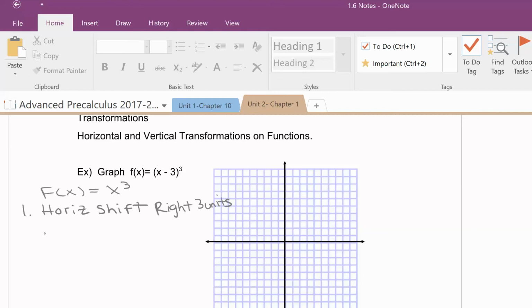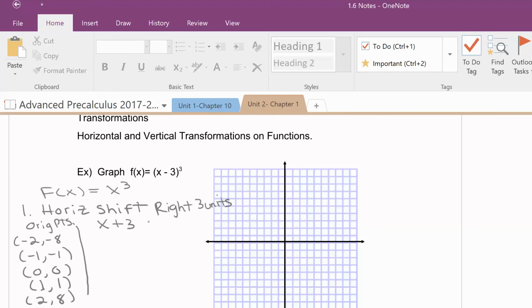So if you make a table here with your original points, remember for this function it's -2, -8, -1, -1, 0, 0, 1, 1, and 2, 8. And then you add 3 to each x coordinate because you're going to the right.